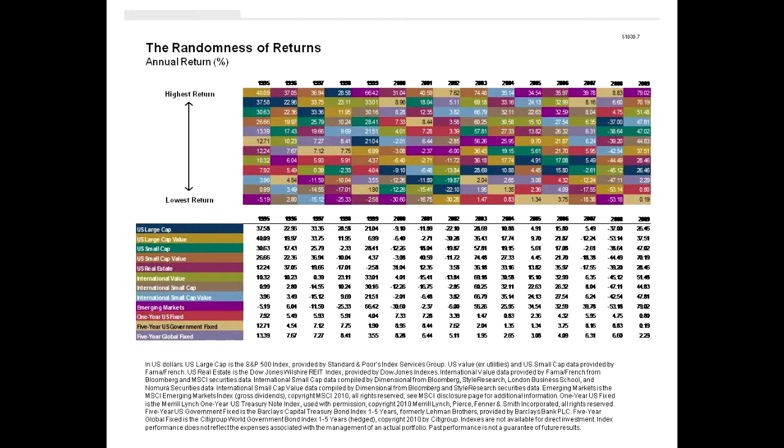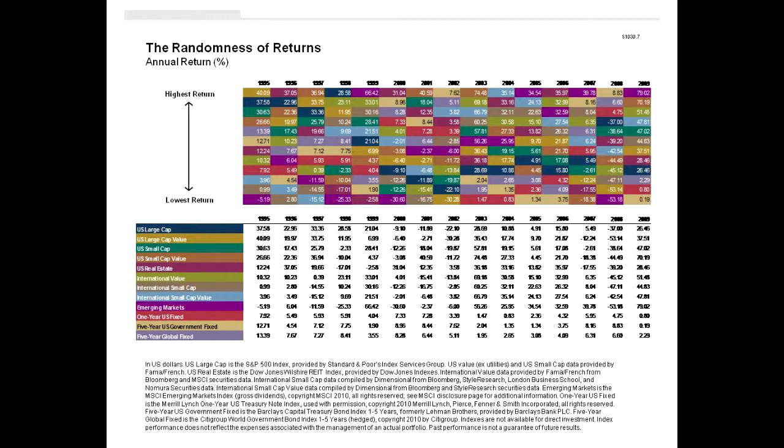Now, let's take a look at two of the colors. Let's take a look at emerging markets, which is the purple, which in 1995 was the lower left-hand corner, and it was a negative 5.19 return. If we look at 1996, the following year, it went up to 6.04 in the middle. In 1997, it was down.